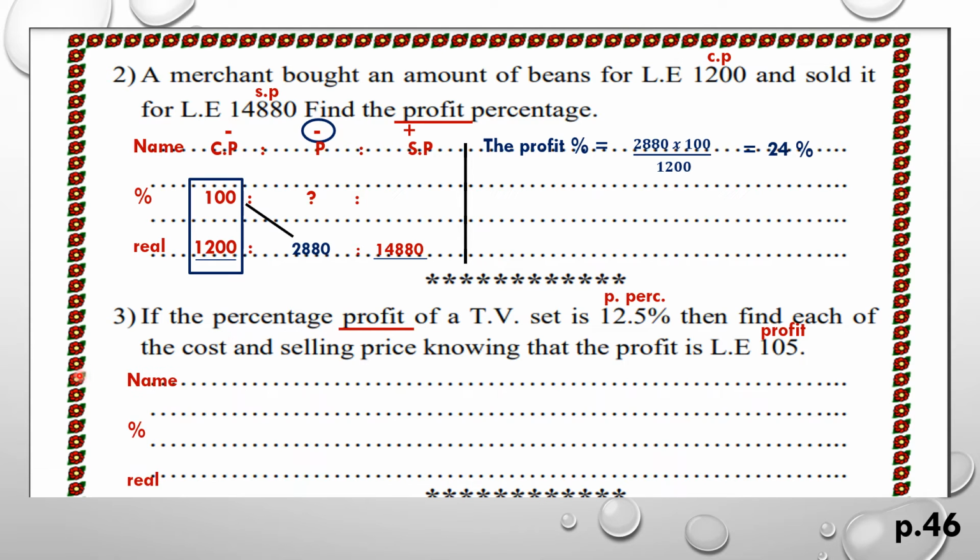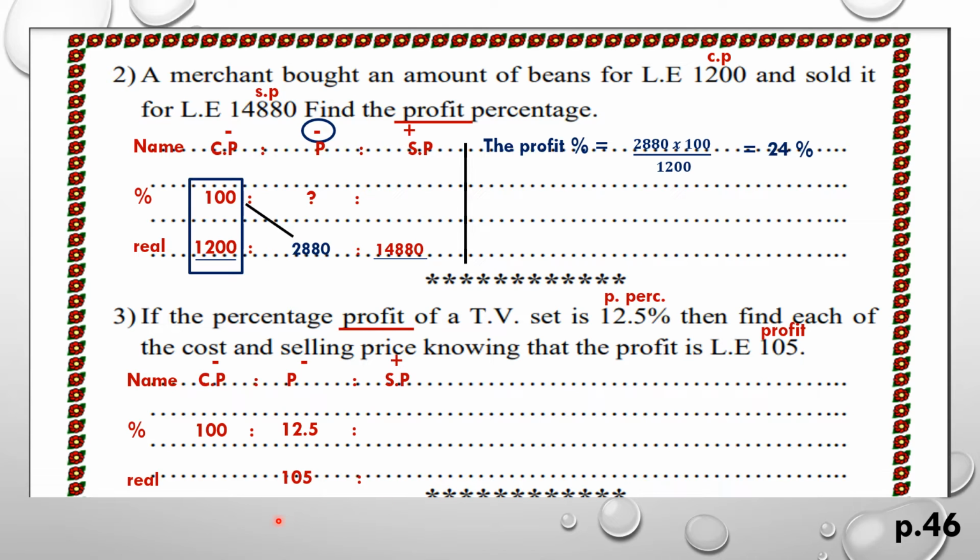We are going to solve using name, percentage, real, cost price, profit, selling price, minus, plus. This space will be filled with 100. Now let's proceed. 12.5 should be put under profit percentage. Here it is. 105 should be put under real profit.